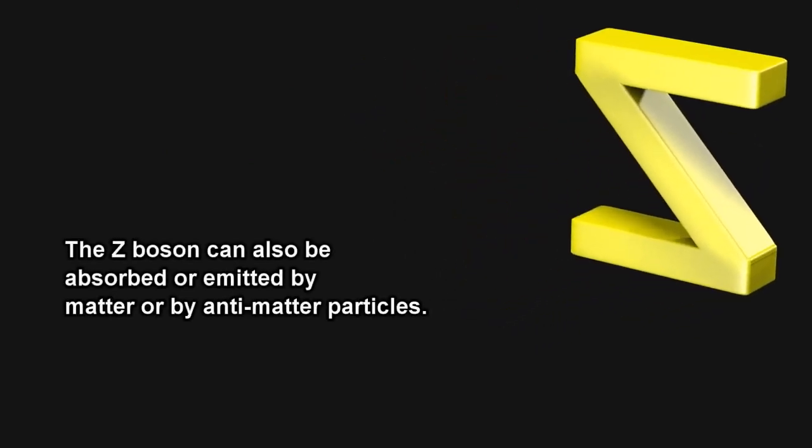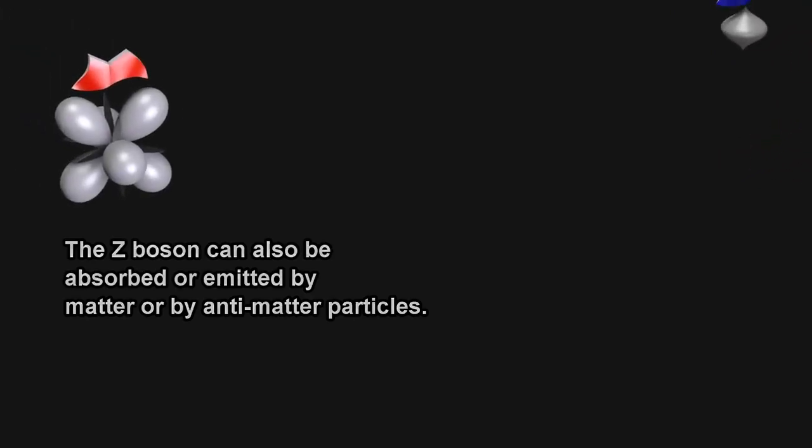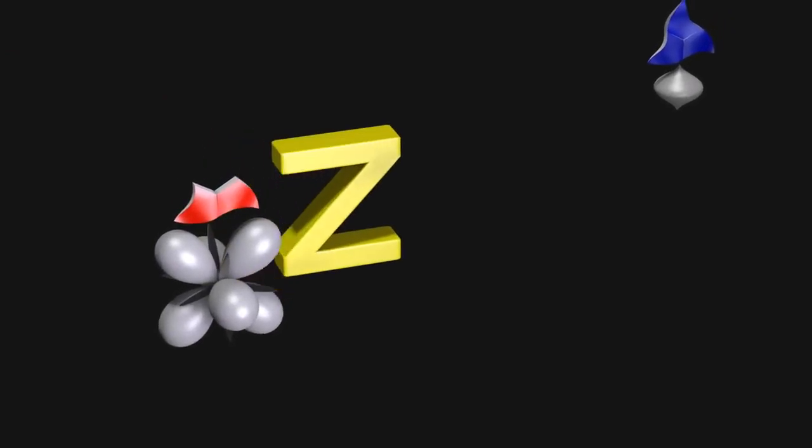The Z boson can also be absorbed or emitted by matter or by antimatter particles. But unlike the case of the W boson, exchanges of the Z boson do not transform a particle from one kind of particle to another.